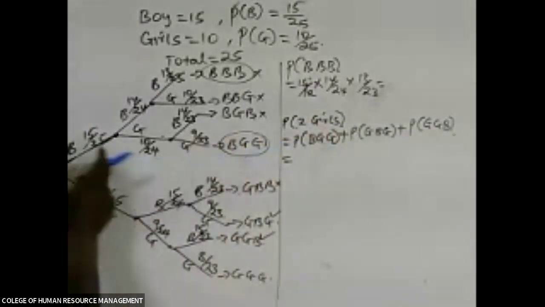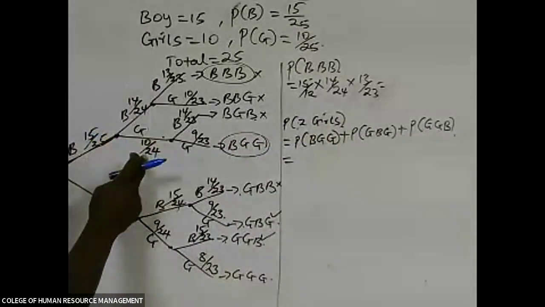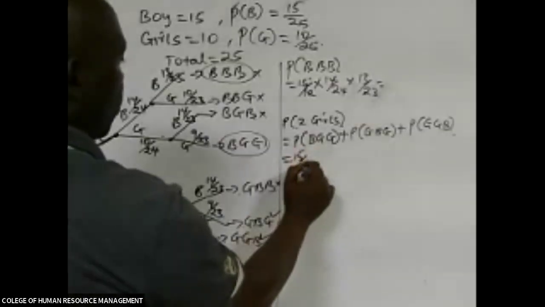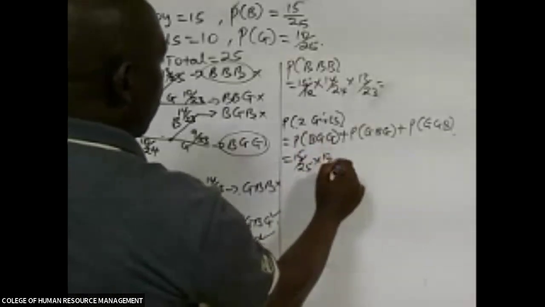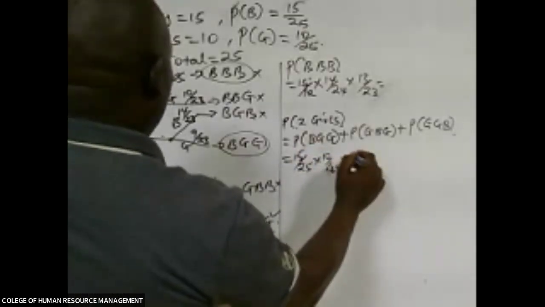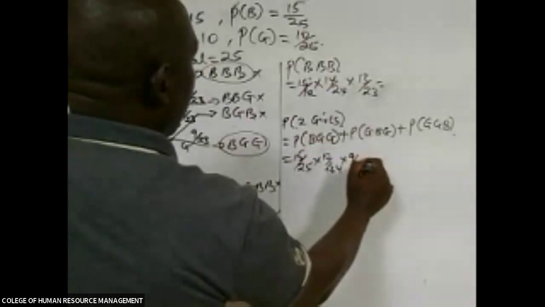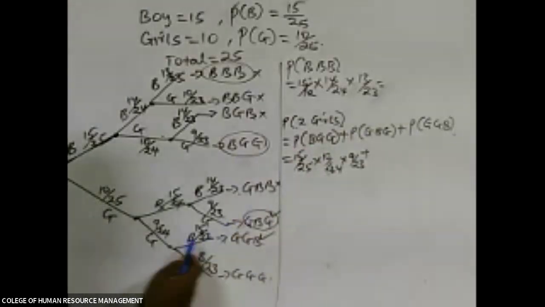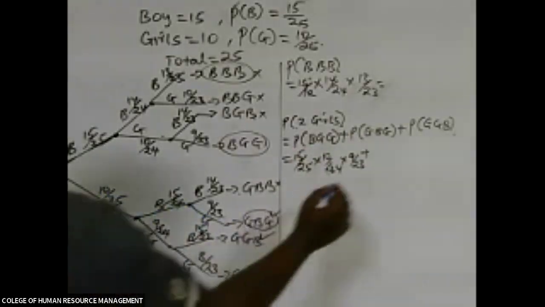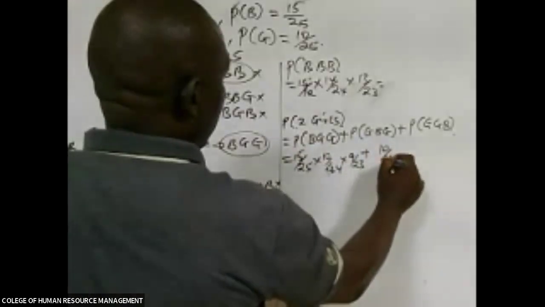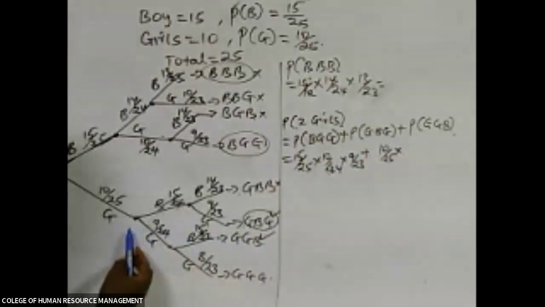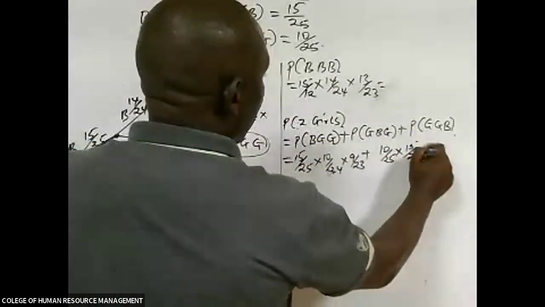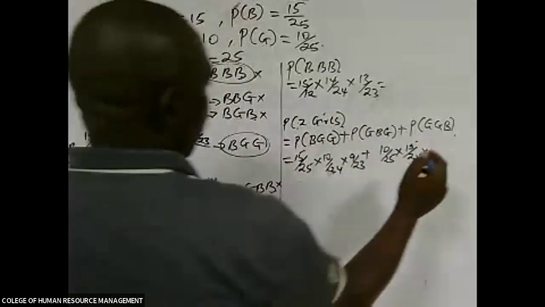BGG, it is here. 15 over 25 times 10 over 24 times 9 over 23. Add GBG. GBG, it is this one. So you go that root, 10 over 25 times 15 over 24 times 9 over 23.